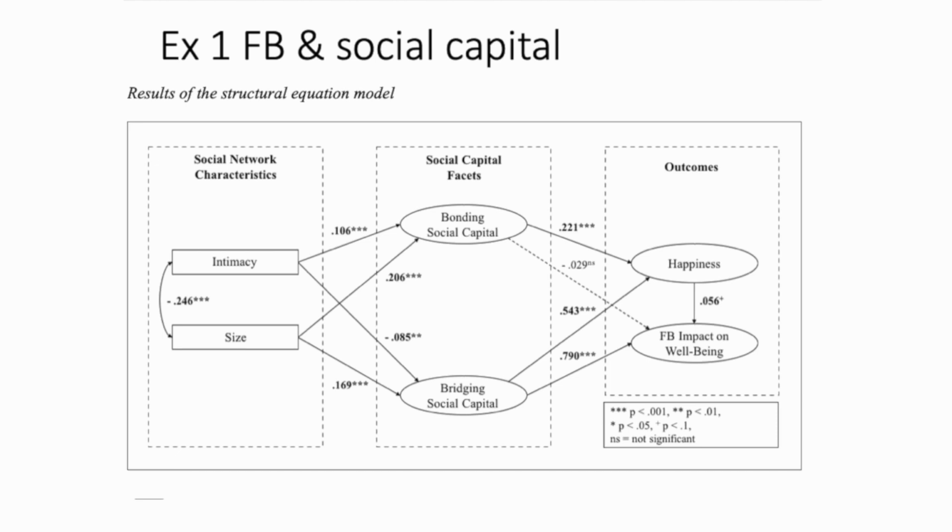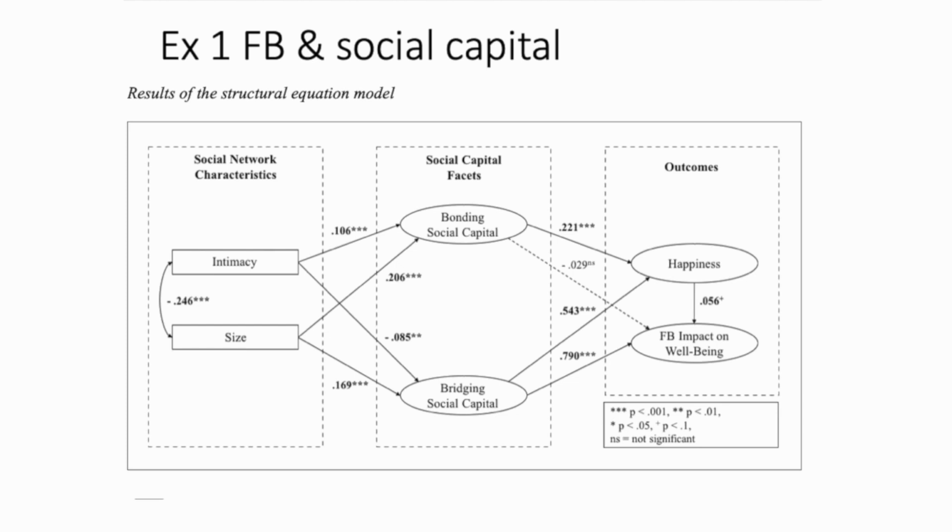So this is in line with hypothesis 1, and we accept hypothesis 1. We see that network size also impacts bonding and bridging social capital positively and highly significantly, so we accept hypothesis 2.